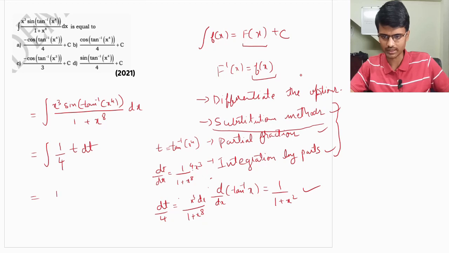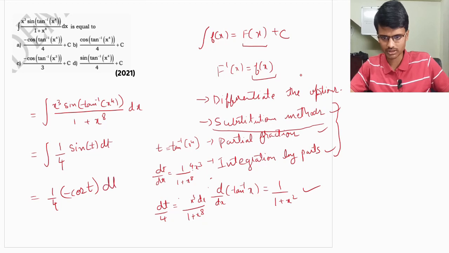What is the integration of sine t? Sorry, sine t, not t, because we have taken tan inverse of x power 4 as t. So here we are left with sine t dt. What is the integration of sine? Minus cos t.